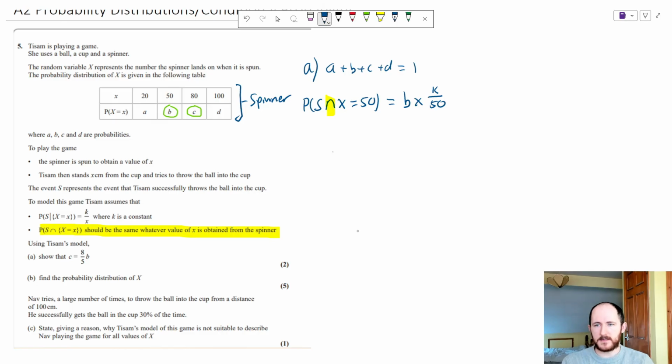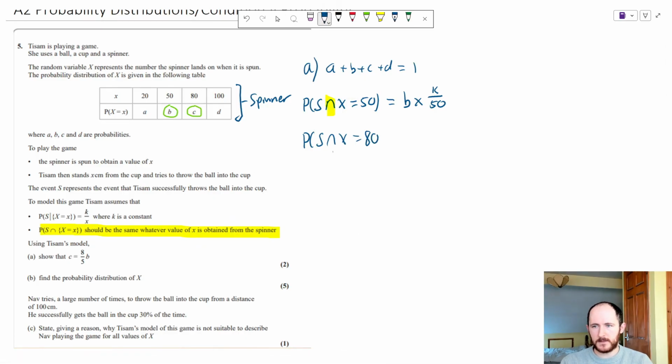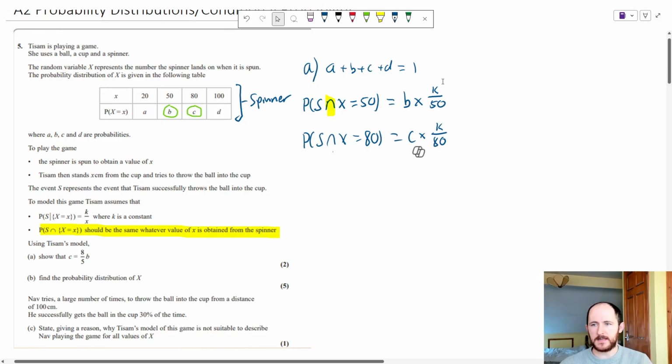Now we're going to repeat the process for C. So S and X equaling 80 this time. And we get C times K over 80. Now what does the rest of that sentence say? It says it should be the same. In other words, these two probabilities should be the same. So let's write that out.